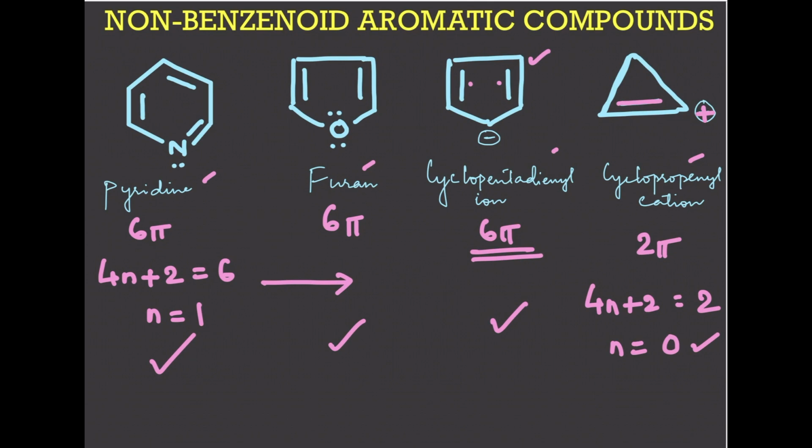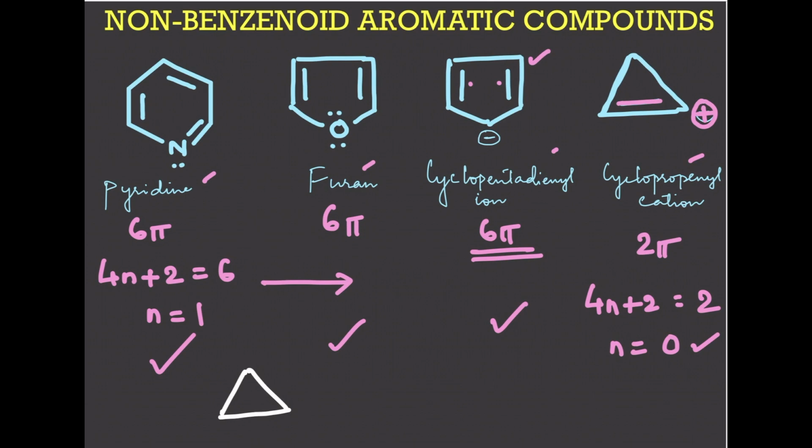Because we see here only one pi bond, there are no alternate single and double bonds in the system. How can we say it is conjugated? The cyclopropenyl cation is actually conjugated, and it participates in resonance. Because of the presence of this positive charge, the position of the positive charge will continue to shift between the 3 vertices of this triangular shape.